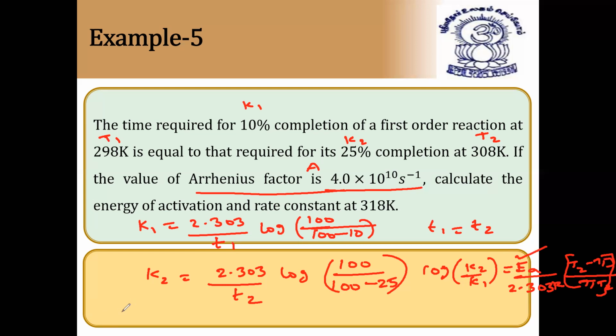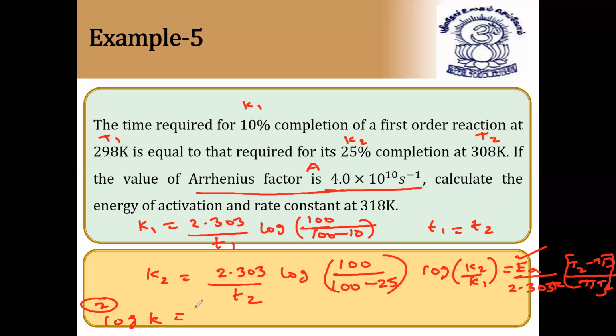After getting the energy of activation, you can use the formula log K is equal to, how to find the rate constant, second part of the problem. It's a very lengthy calculation. I'm giving you the basic idea. You know T2 value and T1 value, and from the first case itself, we can find the energy of activation.